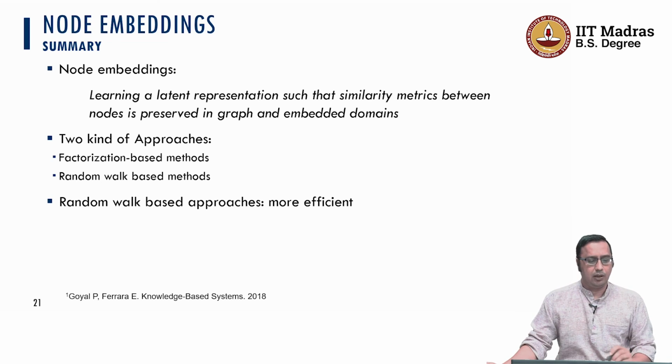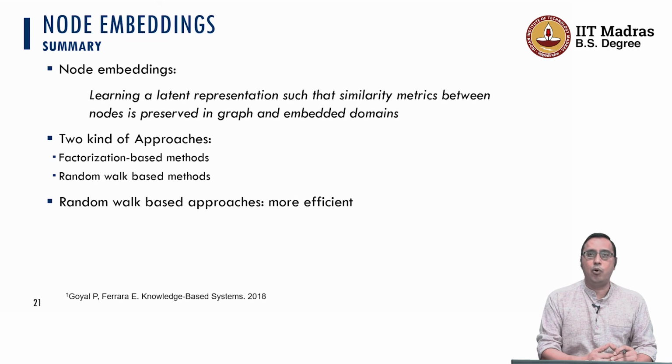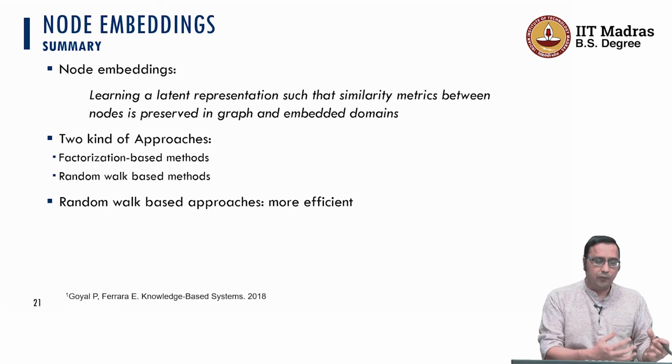In general, random walk based approaches are more efficient in terms of computation, because they take a lesser amount of computation. For large systems, we sometimes do not have very efficient singular value decomposition algorithms, so we prefer to use random walk based approaches.